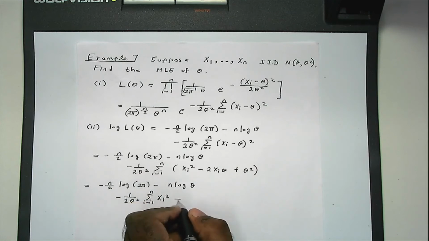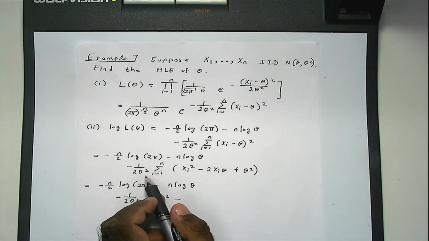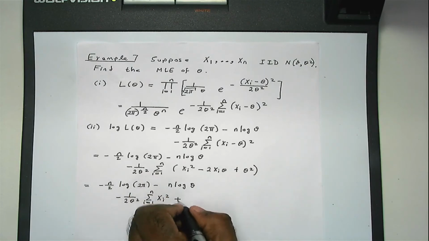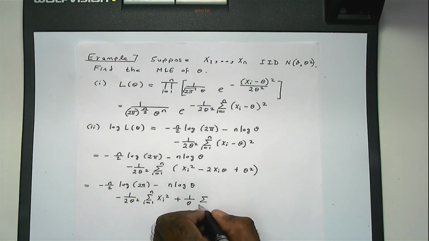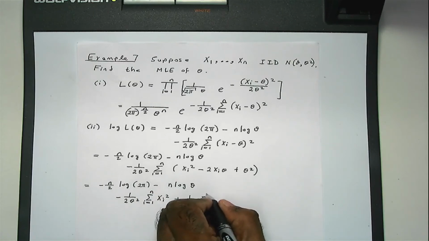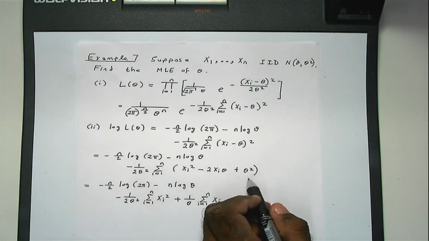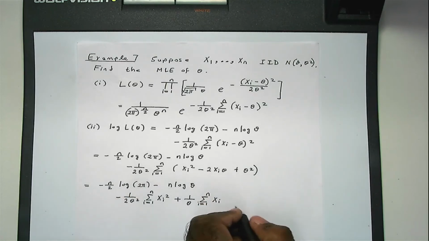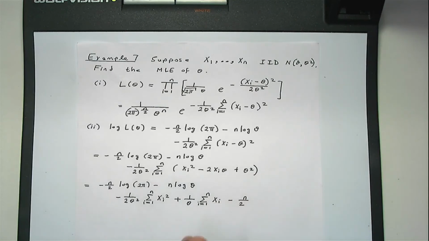And for the second term you get minus 2 theta goes with this one, so you get plus 1 over theta times the sum of xi. For the third term, theta squared and theta squared cancel, so you get minus n over 2. So this is the simplified form of the log likelihood function.